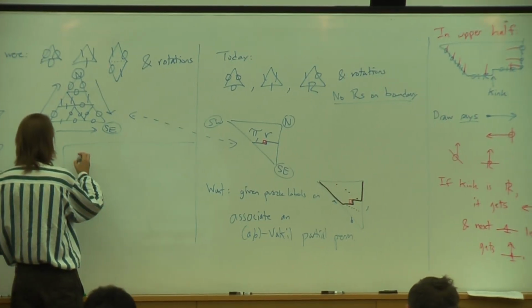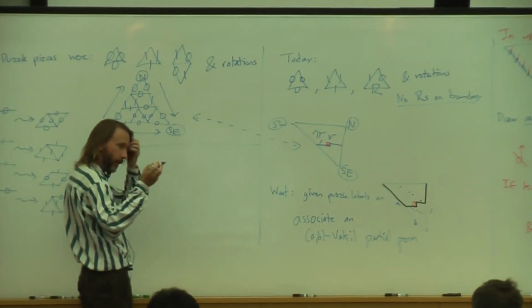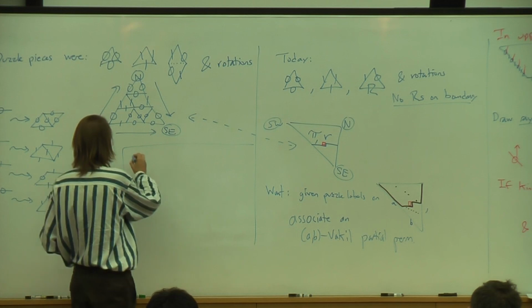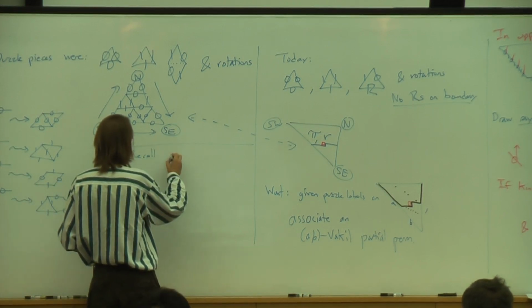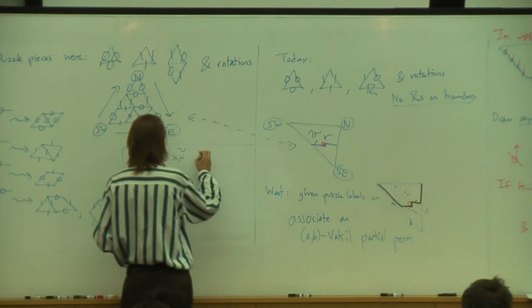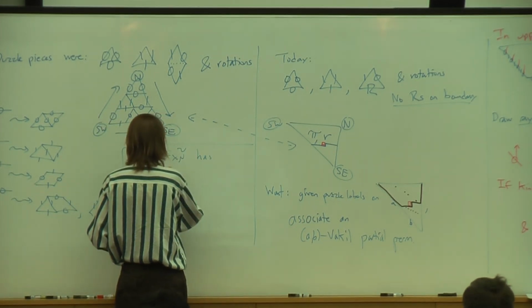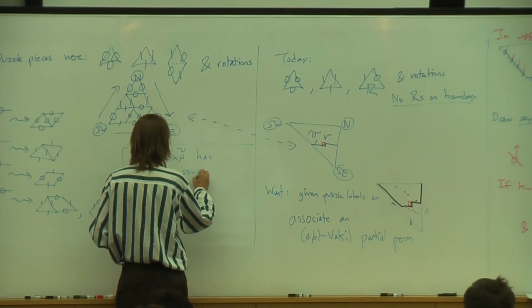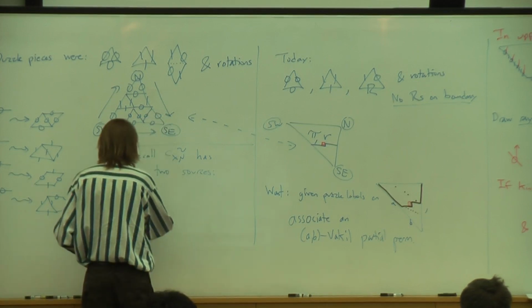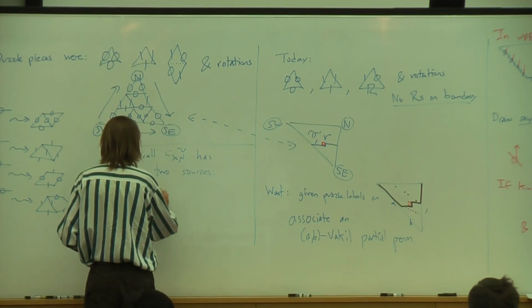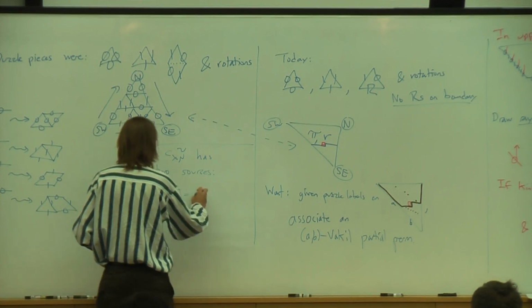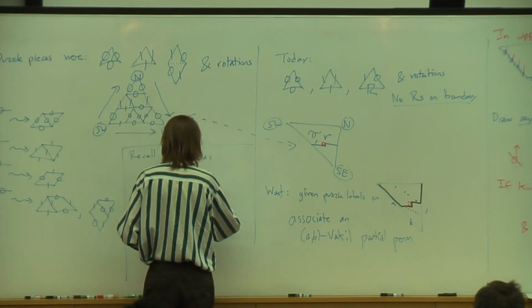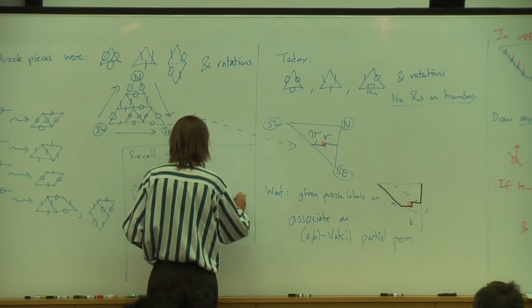So recall, thank you, Matt, for bringing that up, that C lambda mu nu has two sources. We can either say I want to multiply x lambda by x mu and expand in nus.